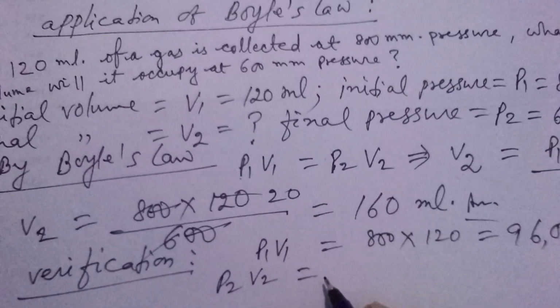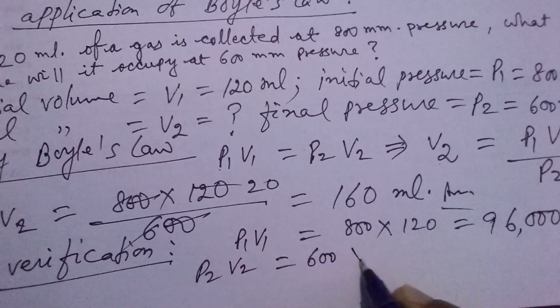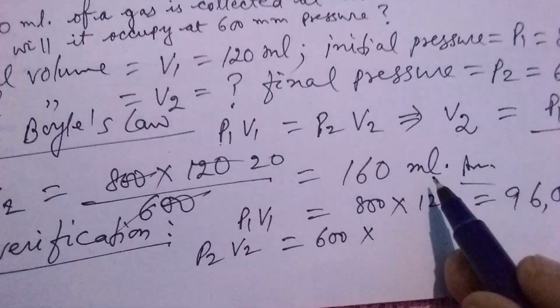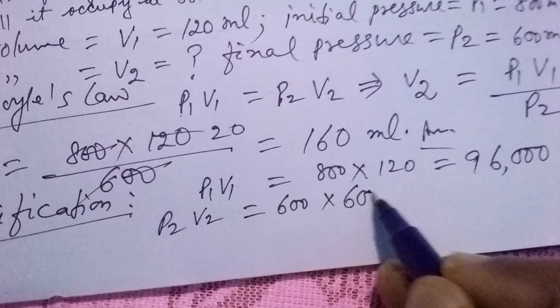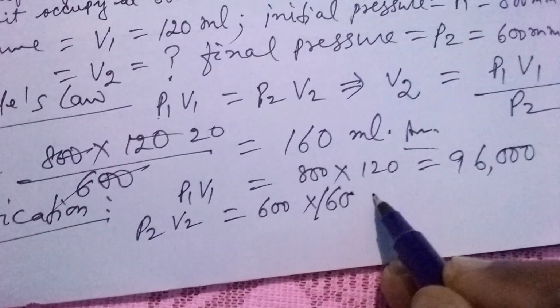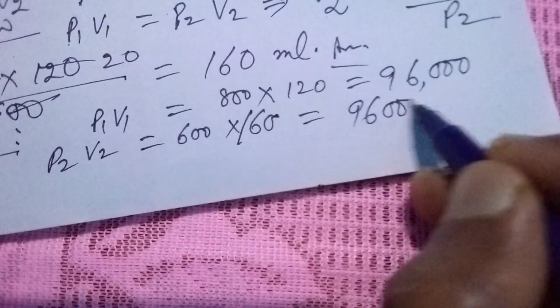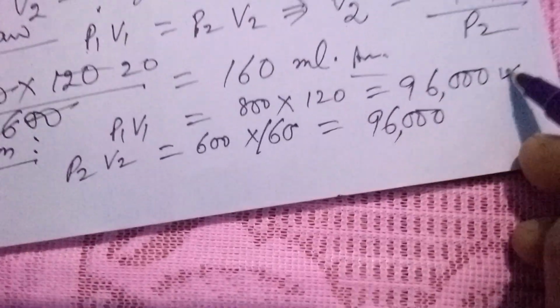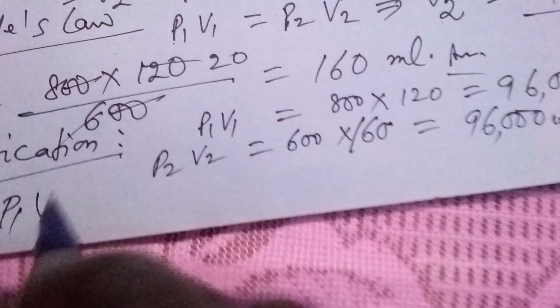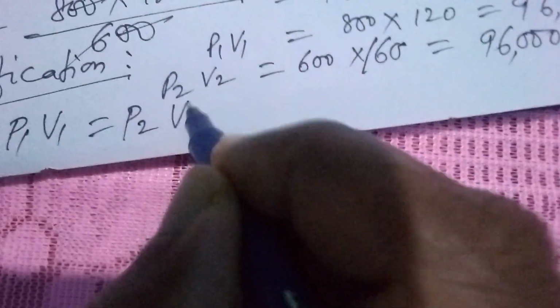P2 is how much? 600. And V2 is how much? Just now we have calculated 160. And then you multiply 6 and 16, it is 96, and then 000. So here you find both the values are equal. And therefore we find P1 V1 equals P2 V2.